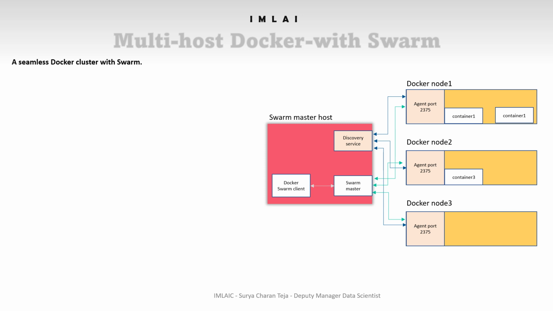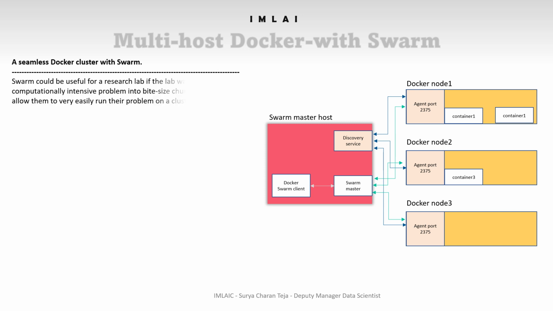Swarm could be useful for a research lab if the lab was able to split up a computationally intensive problem into bite-sized chunks. This would allow them to very easily run their problem on a cluster of machines. Now let's look at our first problem statement.